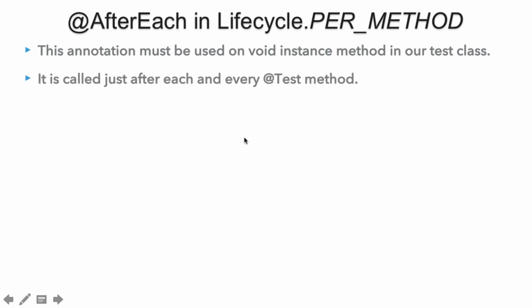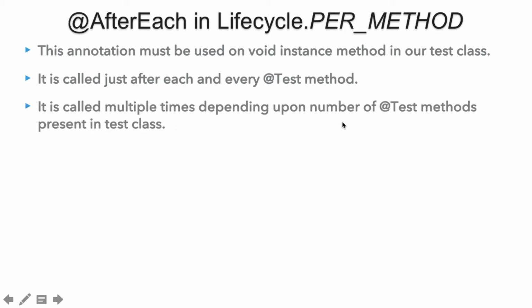So friends, similar to @BeforeEach, @AfterEach annotated methods get called after each and every @Test method when they are executed in lifecycle per method mode. This annotation is also used on the instance methods of our test class, and these methods are called after each and every @Test method, and they are called multiple times depending upon the number of @Test methods present in the test class.